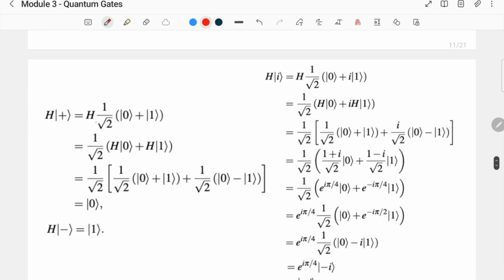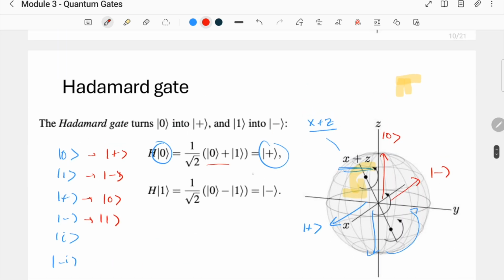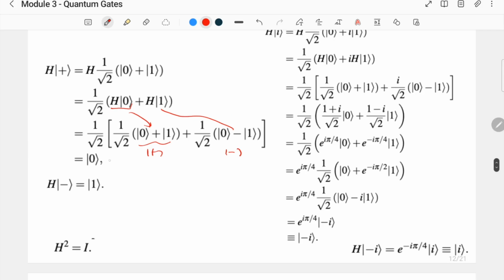We take plus and apply Hadamard: H0 becomes H, this is the plus state, and 1 becomes the minus state, which we know from here. And when you simplify it, you get back the 0 state. Similarly, you can prove it for this.